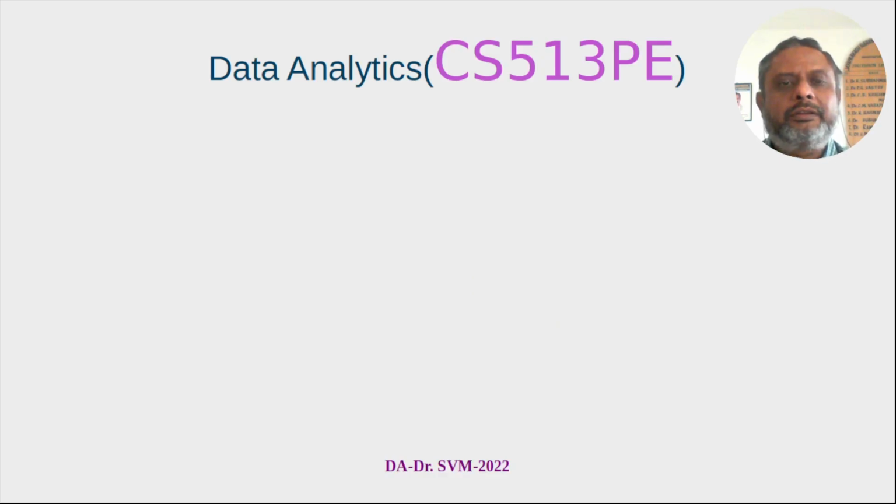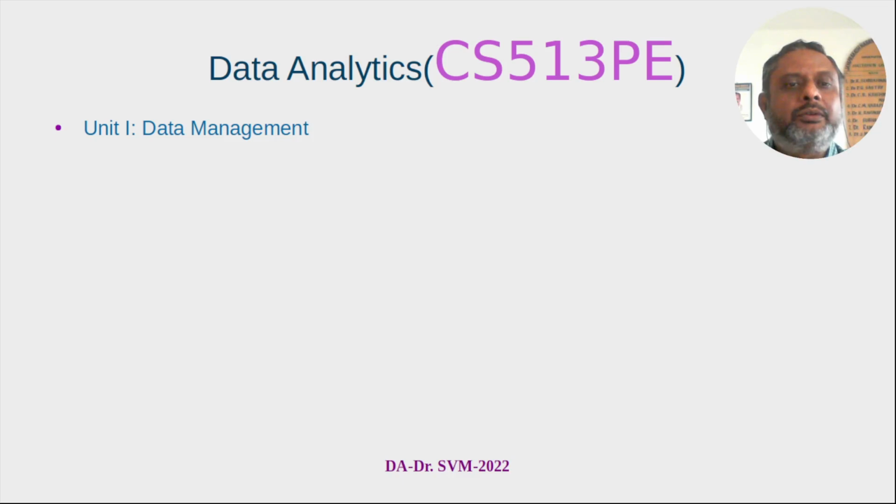In data analytics, we are looking mainly at a course prescribed by JNTUH, in the third year, first semester, as a professional elective, and the code for that is CS513PE. This mainly has 5 units.